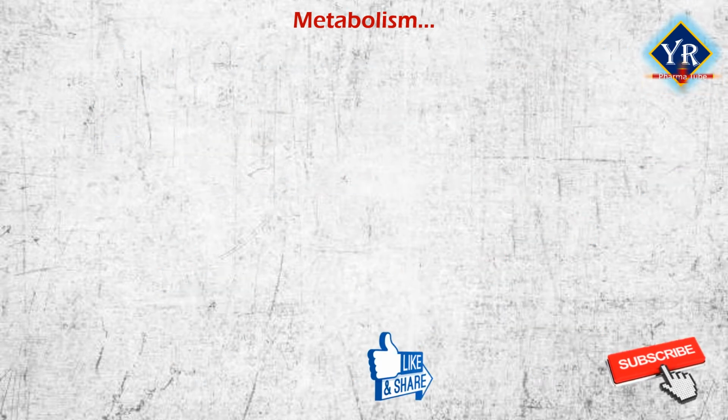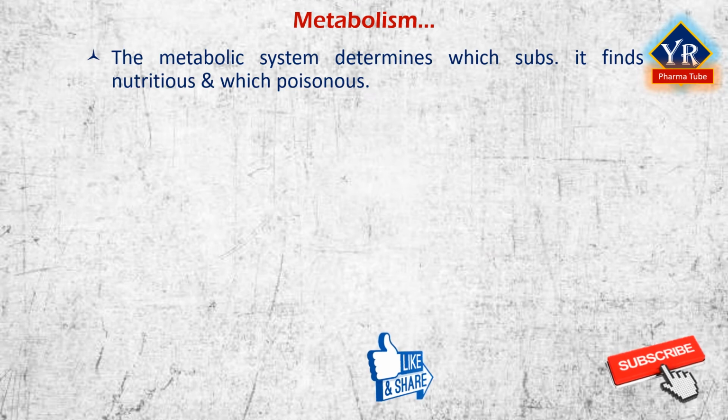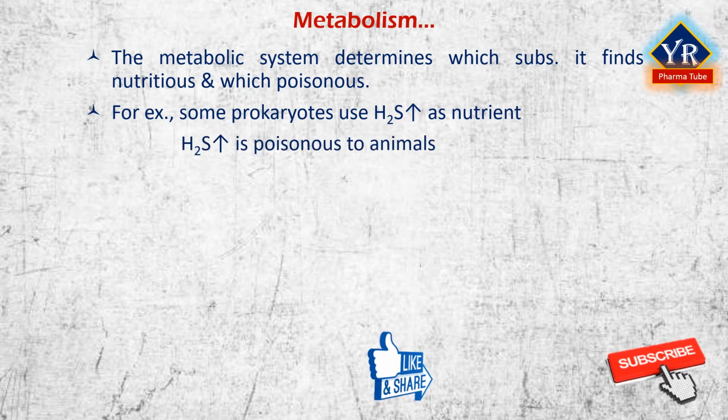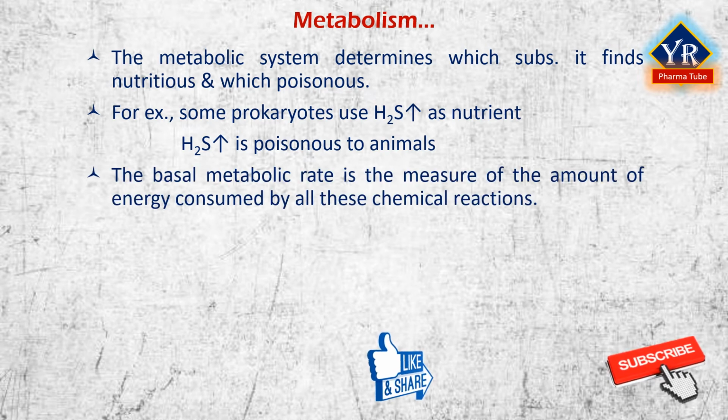The metabolic system of a particular organism determines which substances it will find nutritious and which are poisonous. For example, some prokaryotes use hydrogen sulfide gas as a nutrient, yet the same gas is poisonous to animals. The basal metabolic rate of an organism is the measure of the amount of energy consumed by all these chemical reactions.